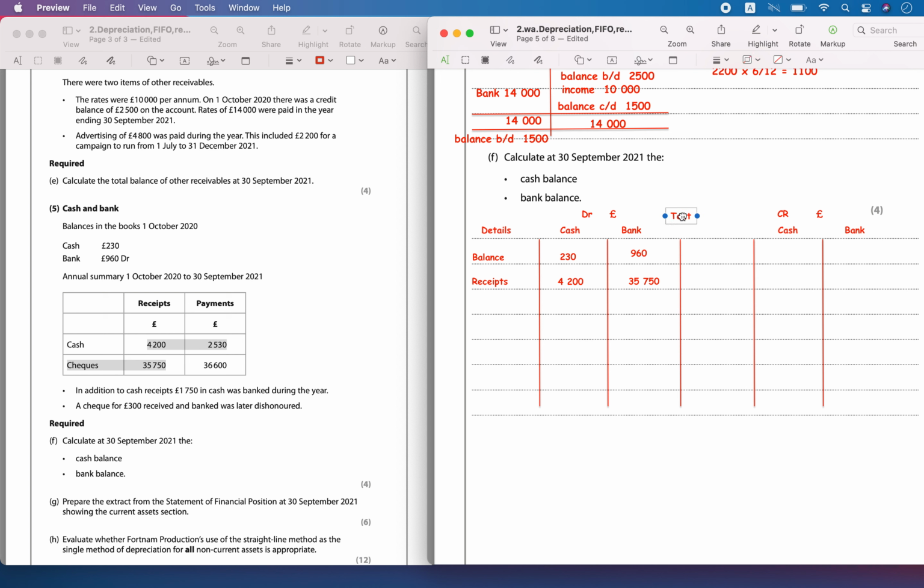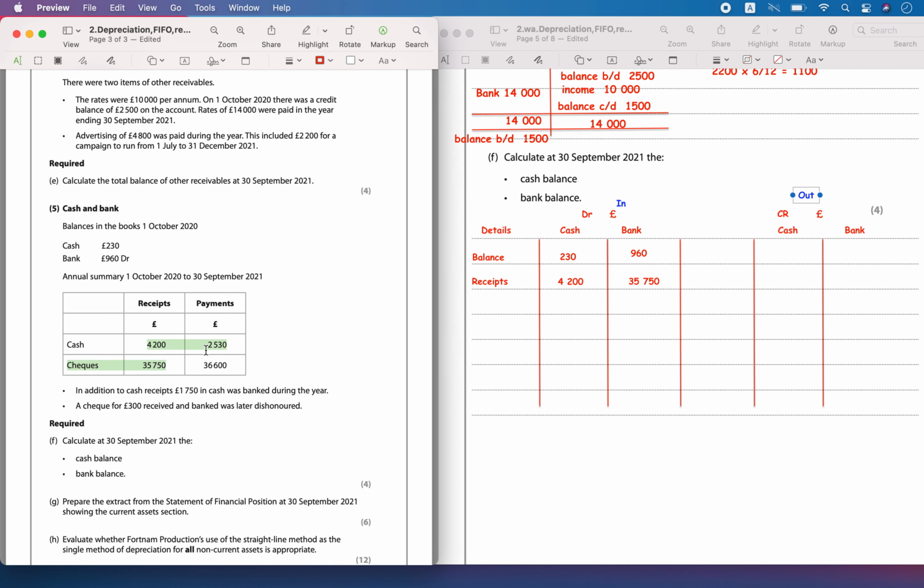In the bank you should remember this is an in account. On the debit side it is an in account, and for the credit side it is an out account. Money came into the business and this is going out of the business.